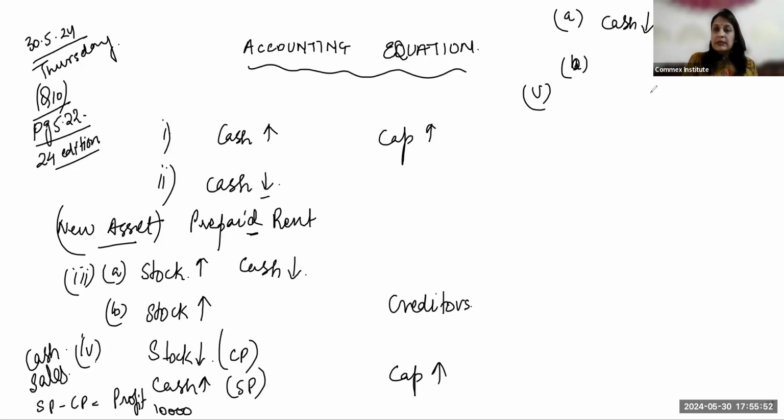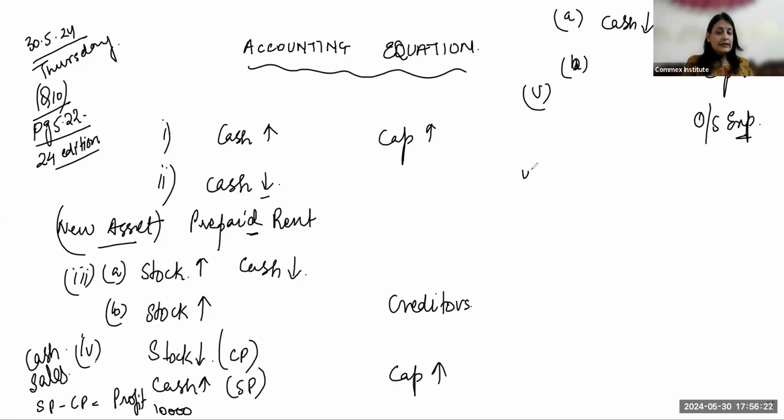And salary outstanding. So outstanding salary, I cannot decrease cash because it has not actually been paid. So cash will not decrease, but capital will decrease because whether paid or not, this salary belongs to this year. It relates to this year. So it is an expenditure, of course. It will be deducted from the capital, and a new liability column in the form of outstanding expenses will be created. New liability column will be created, right?